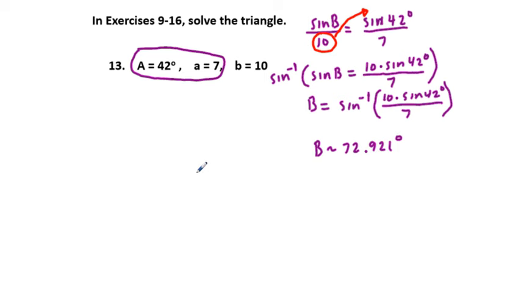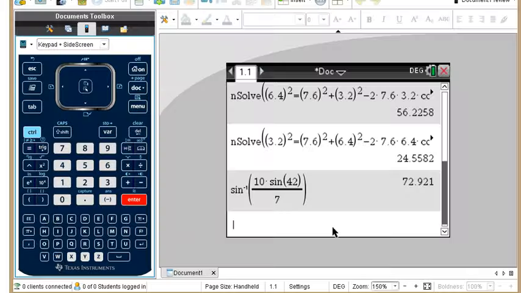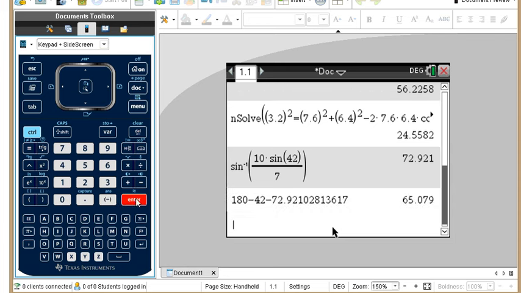And to find angle C, I'm just going to come to the left here, we have angle C is going to be equal to 180 minus our 42 degrees minus our 72.921 degrees, and that's going to be equal to, on our calculator, 180 minus 42 minus, I'm just going to use the last number calculated, which is Ctrl negative sign, ANS.